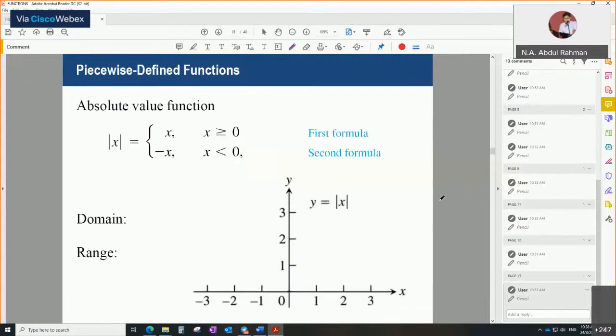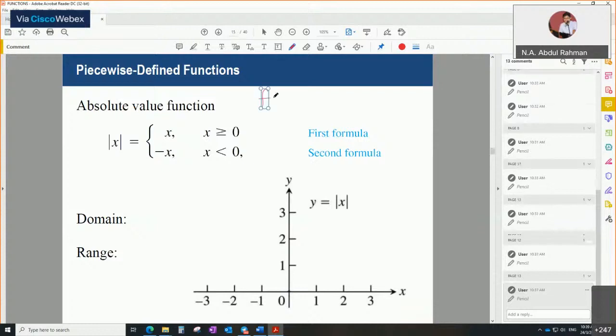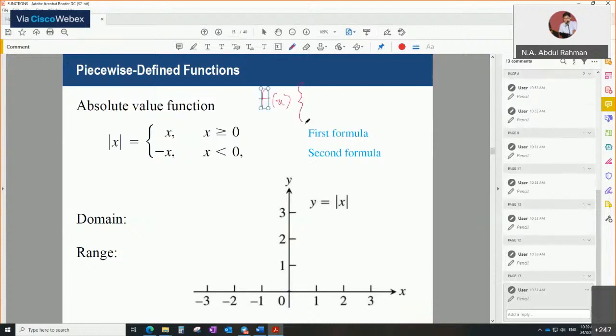And then we also have piecewise defined functions. It means that your function is not only defined by a single equation, but it can be defined by several equations. This is one example, but in the future you may see this kind of form. Maybe the first one you have x plus 1, and then x plus 2, and maybe the third one you have x squared plus 1 for a given interval.